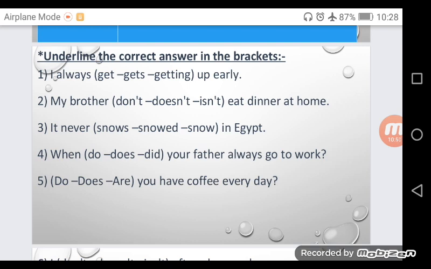Snows is in the affirmative form, but with a negative meaning. So the correct answer is it never snows in Egypt. But if we are going to use doesn't, we say it like this: it doesn't snow in Egypt.